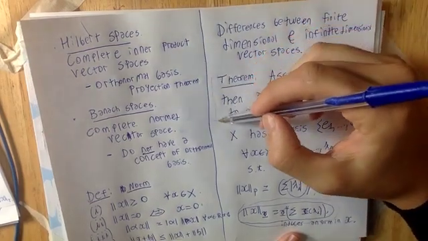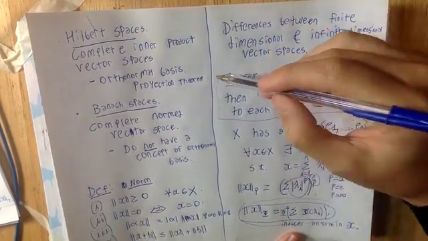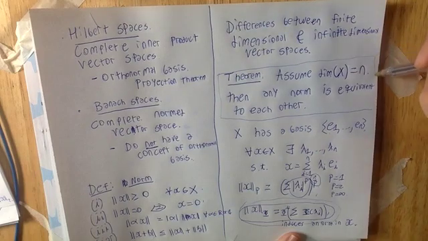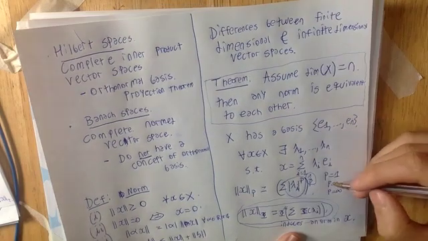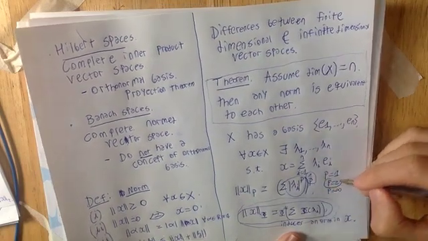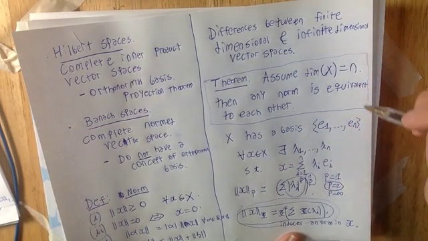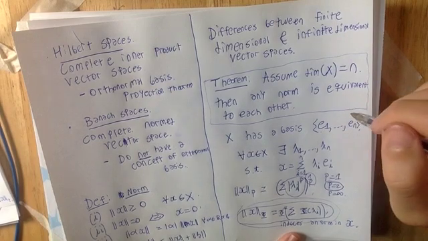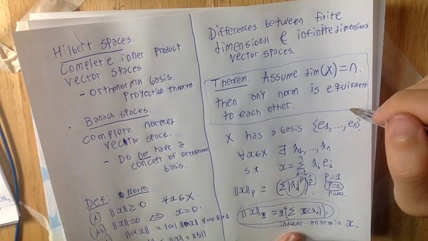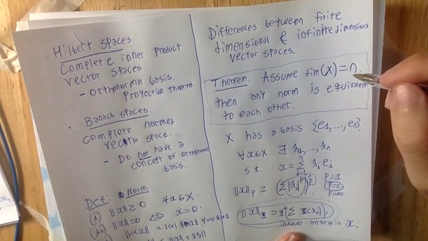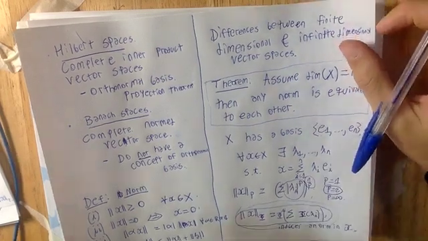So this theorem is telling you all of the norms are equivalent. In particular, the topology given by the natural topology of p equals 2 is the topology for every other norm. This is something that is not true for infinite dimensional spaces, and that's one of the main differences between these things. Okay, so let's keep going a bit.